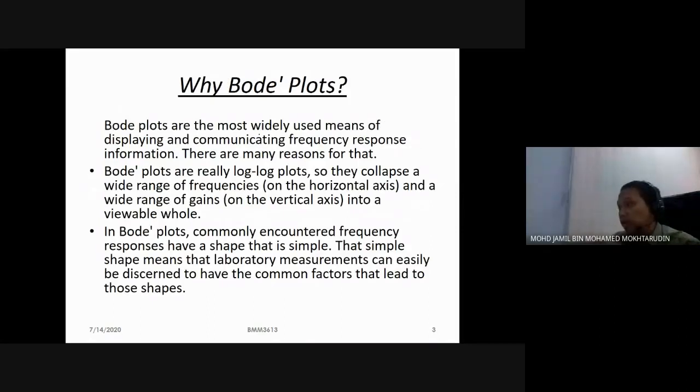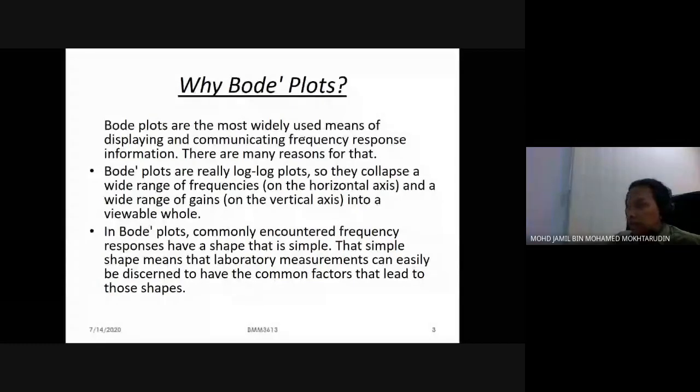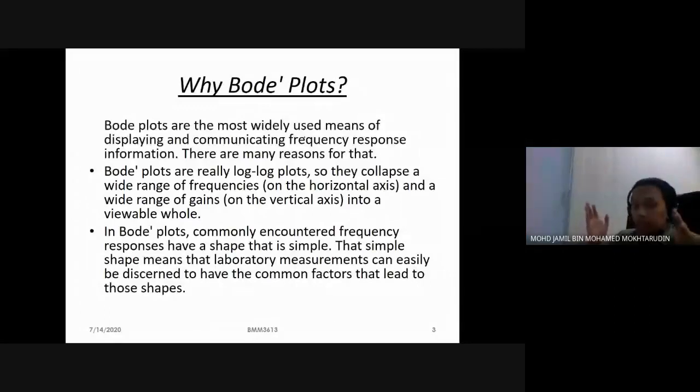Bode plots are commonly used to display frequency response, because frequency has a long range of values from zero until maybe thousands. So it's difficult to plot on a single usual graph, because on one A4 paper maybe it can go up to 20 units, but frequency can be up to maybe 1000, 2000.